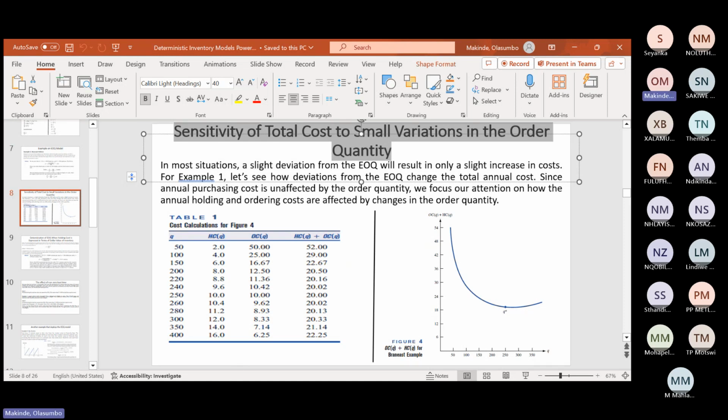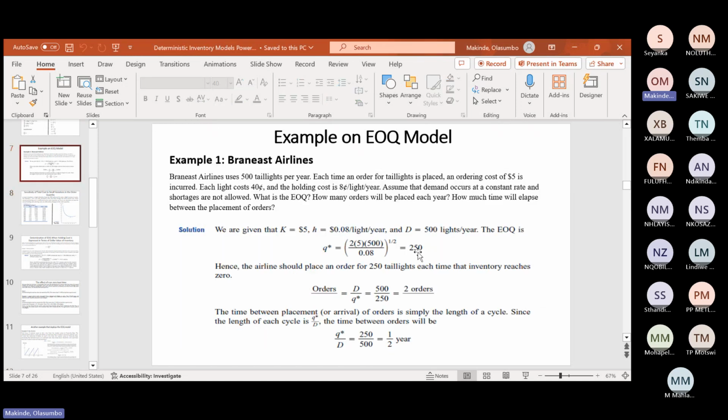Some scientists are really passionate to say, fine, we know that the EOQ is the one that would minimize our cost. But if I want to take advantage of buying something slightly more than the economic order quantity, like the example we have here, our EOQ was 250. If I decide to buy maybe 270, or 260, which is closer to 250, by how much will my total cost that I want to minimize deviate?